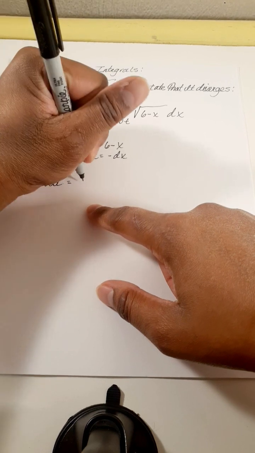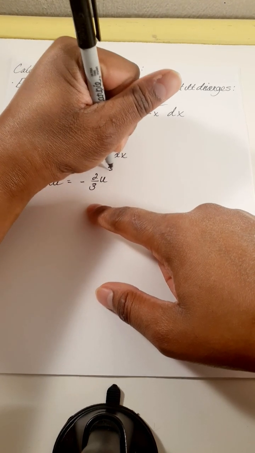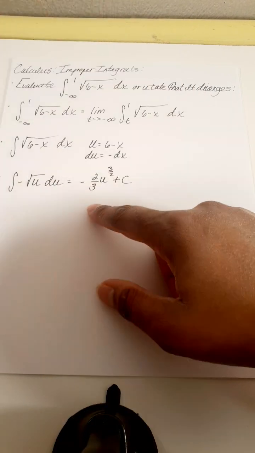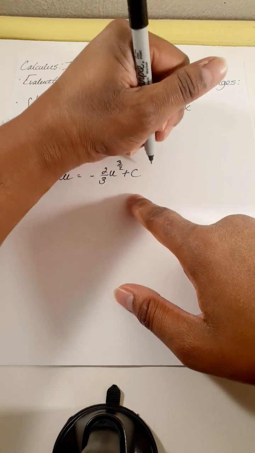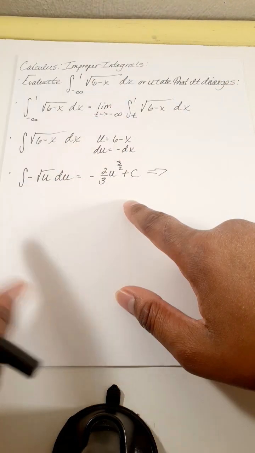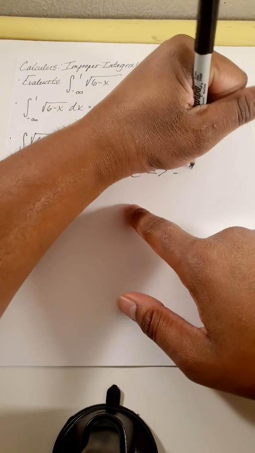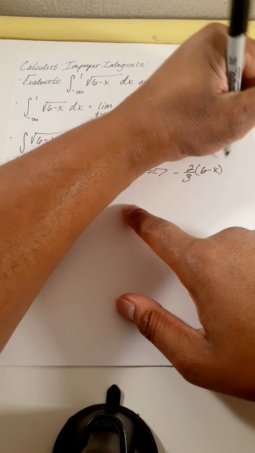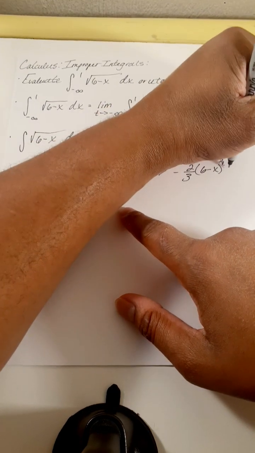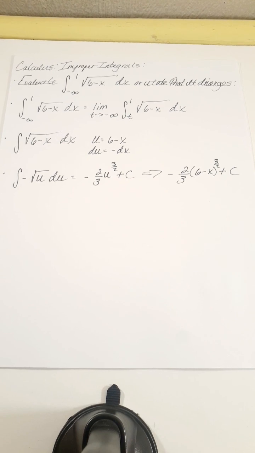This is negative 2 over 3 u raised to the 3 over 2, plus c. Then to finish off the indefinite integral, just put the u back in. So the answer is negative 2 over 3 times 6 minus x raised to the 3 over 2, plus c. That's what it would be if you were evaluating the indefinite integral.